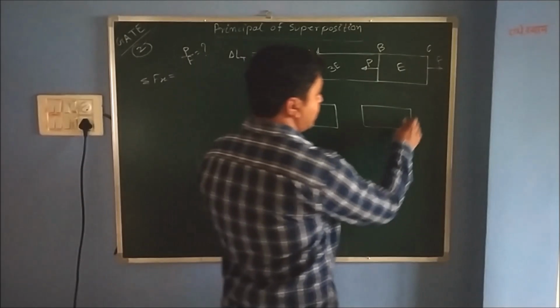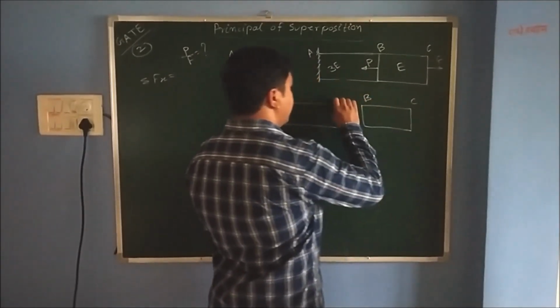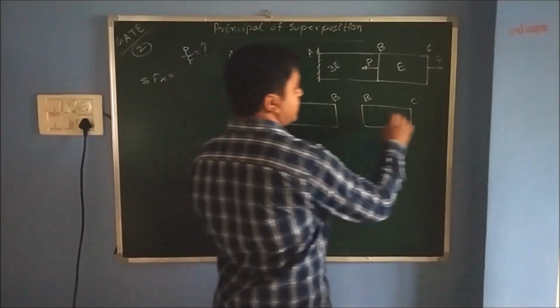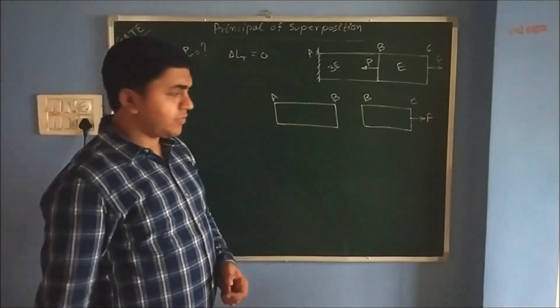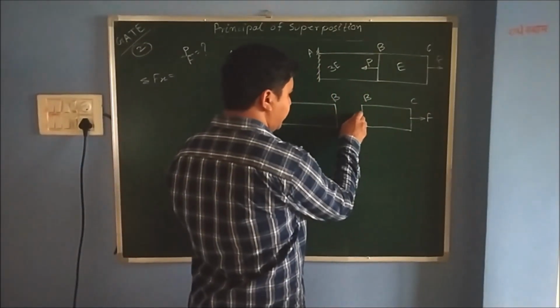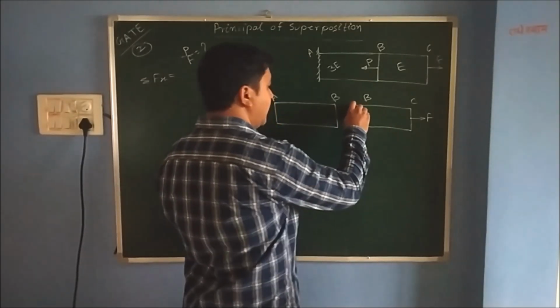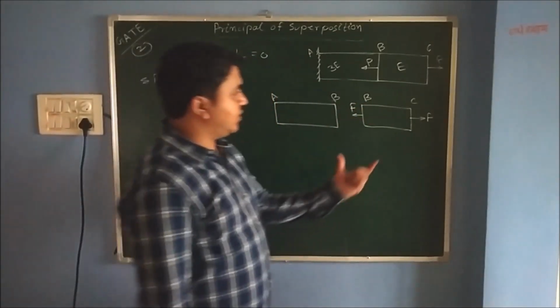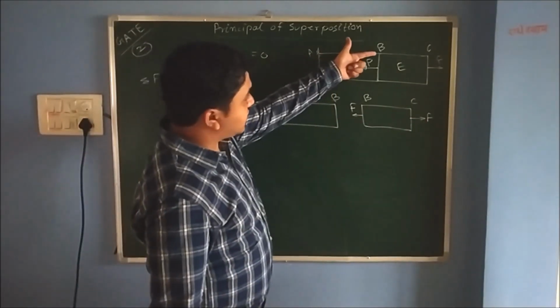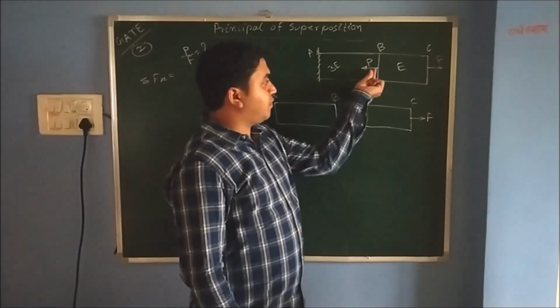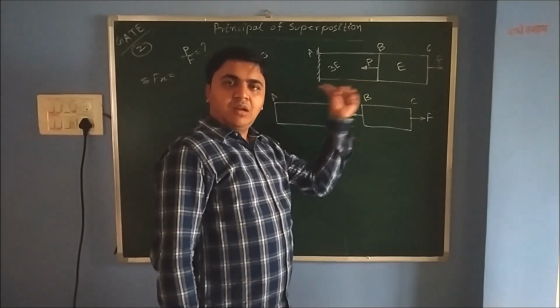Okay. So at point C, on the right side, one force is acting in the right direction, that is force F. So here also force F should act for maintaining equilibrium. So the force on BC is F. Now on this section at point B, the force P should act in the left direction.